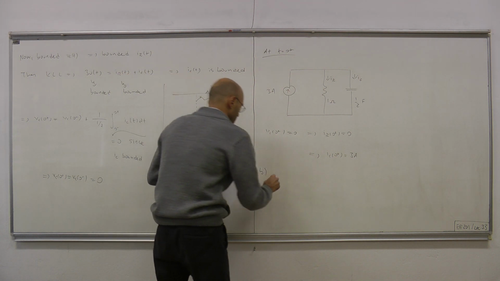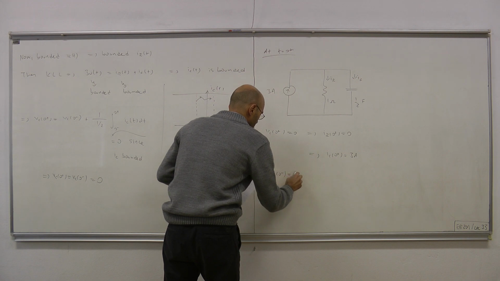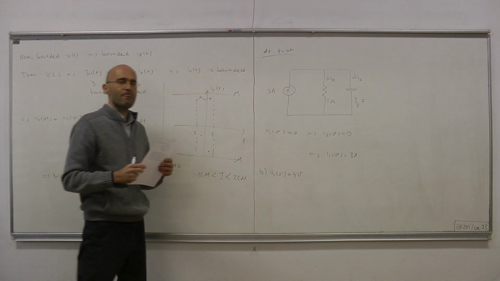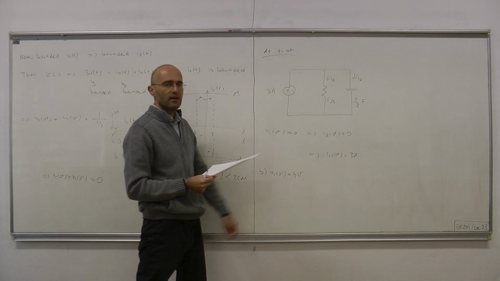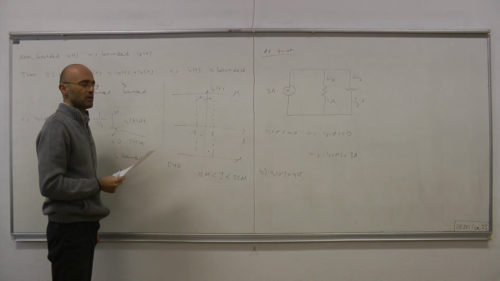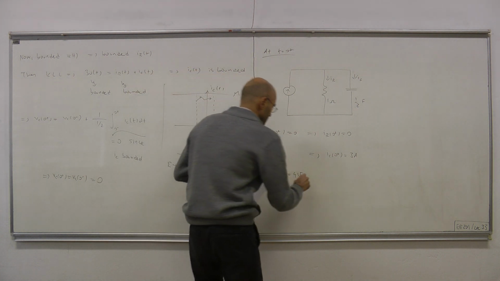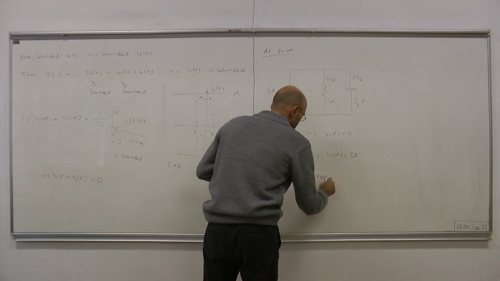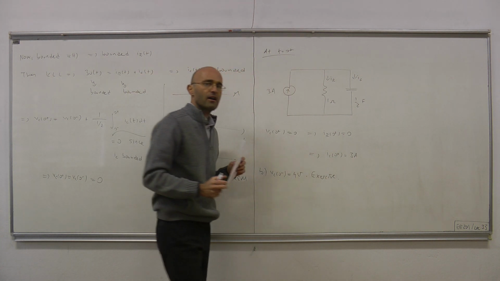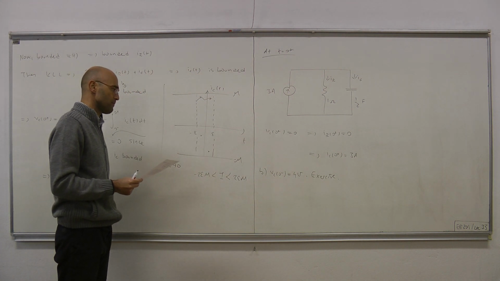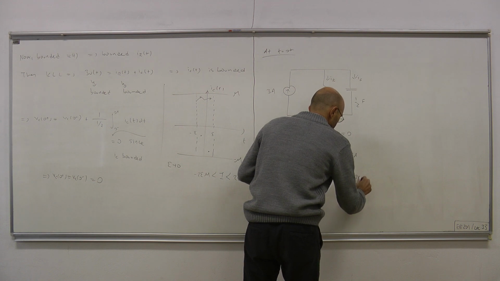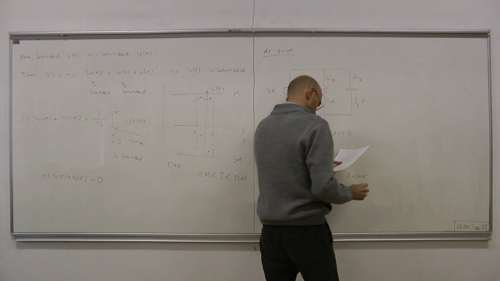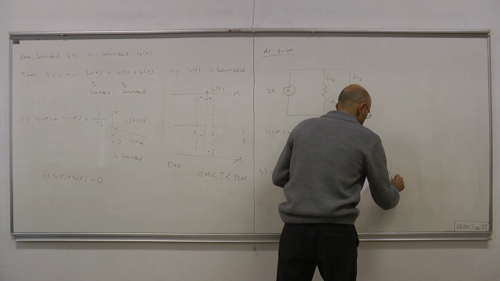Now, in the second part, we were asked for the same quantities, but this time for 4 volt of initial capacitor voltage. The approach is exactly the same, and I leave this part as an exercise. Okay? And the answer is as follows.